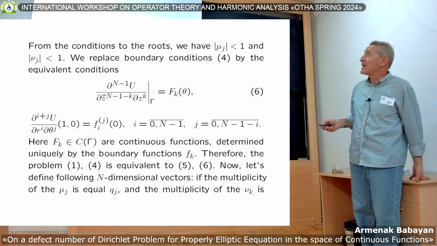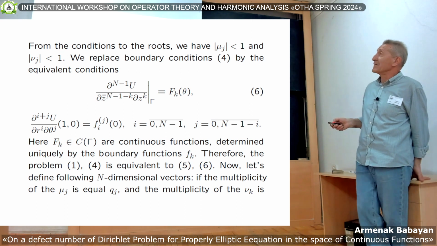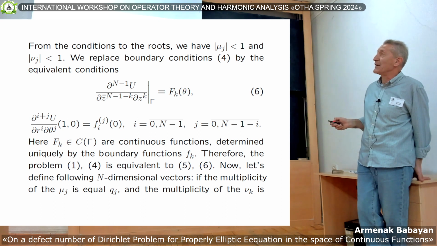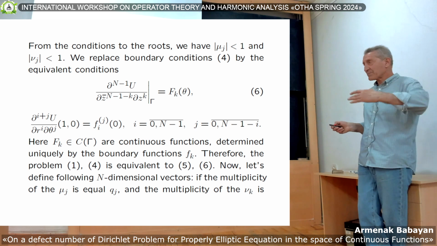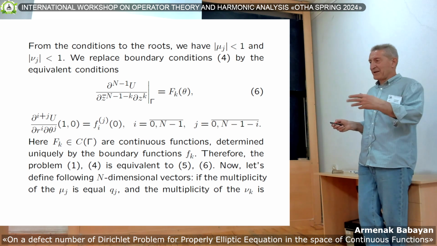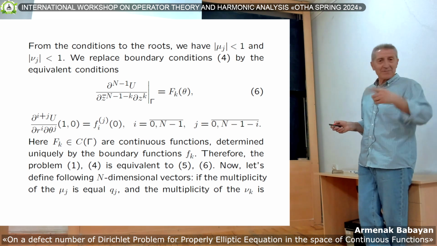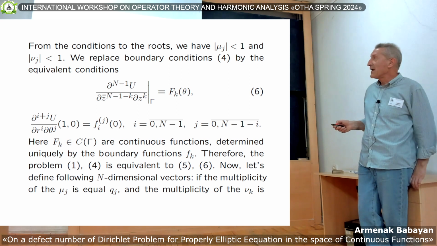After that, we replace the boundary condition by equivalent conditions. So the n minus 1 derivative by z, the conjugate and z, and an additional condition which helps us to get the previous function using differentiation.